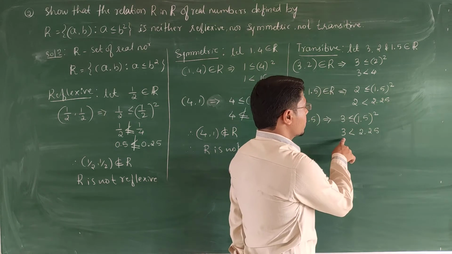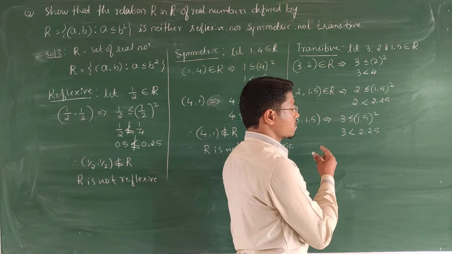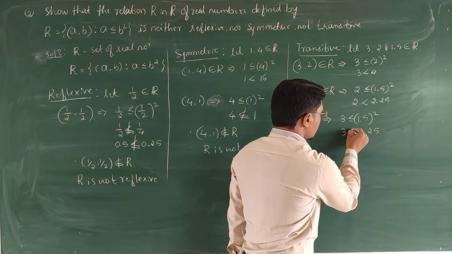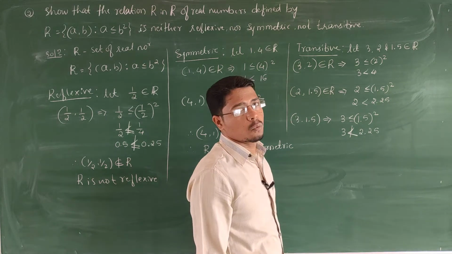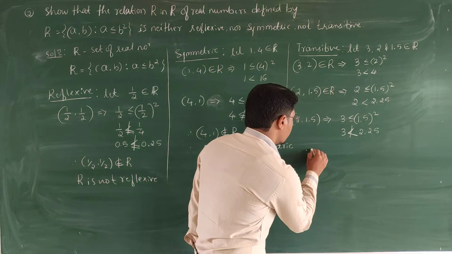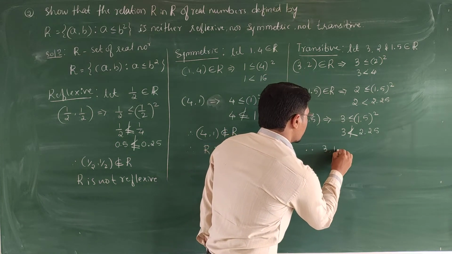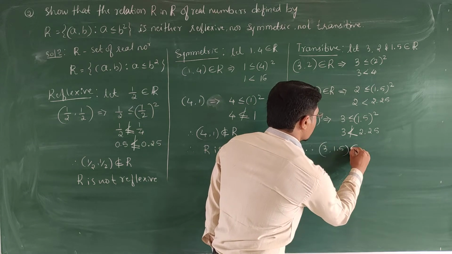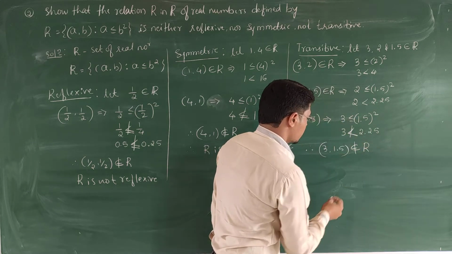See, 3 is bigger than 2.25, therefore it is not less than or equal. So 3 is not less than 2.25. Therefore (3, 1.5) doesn't belong to R.